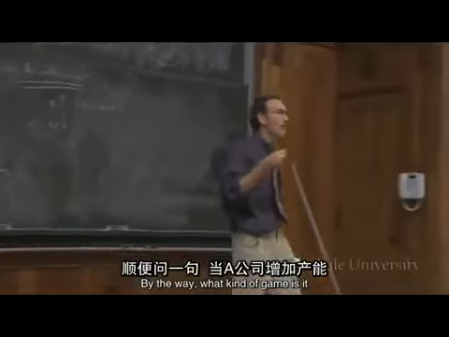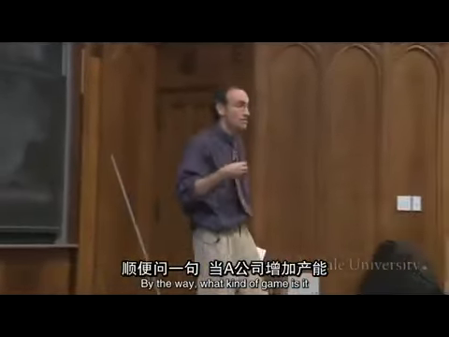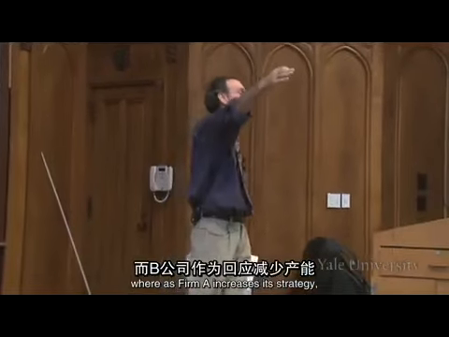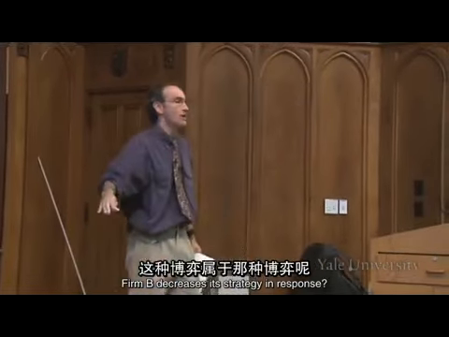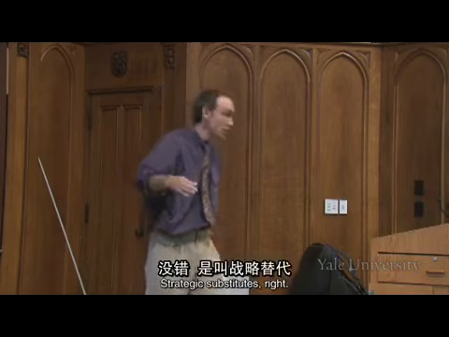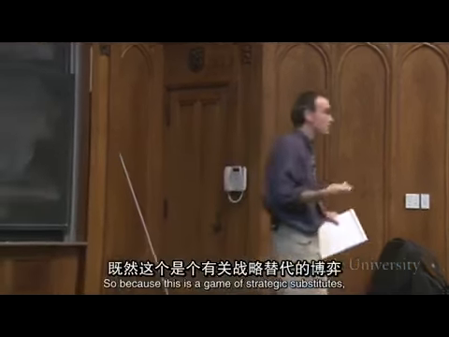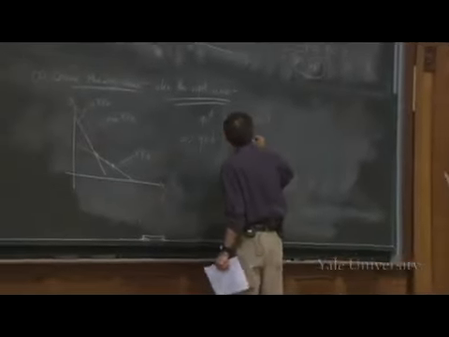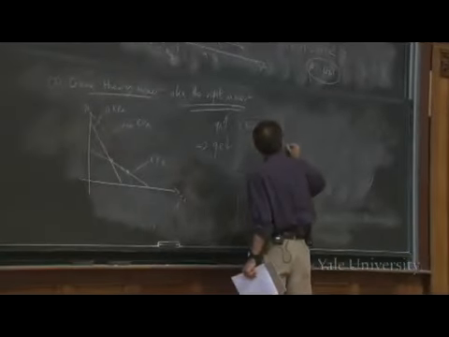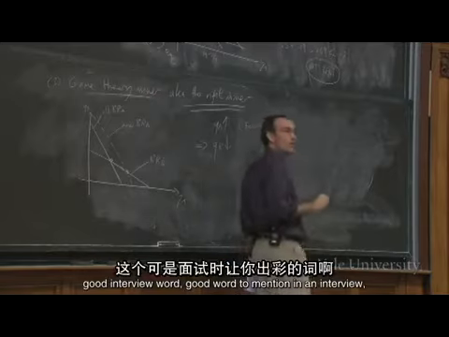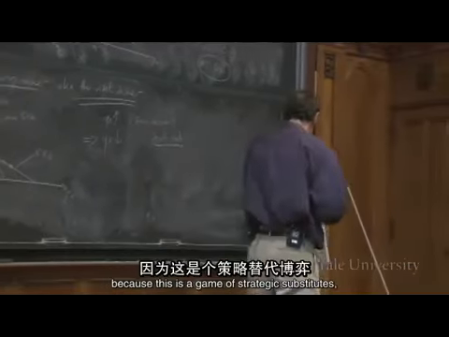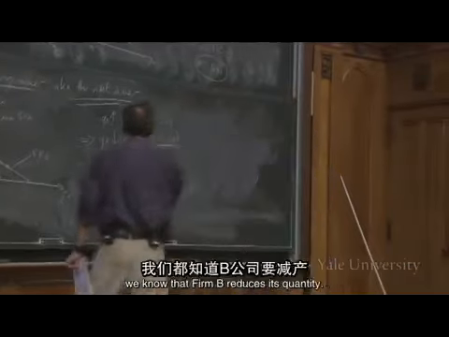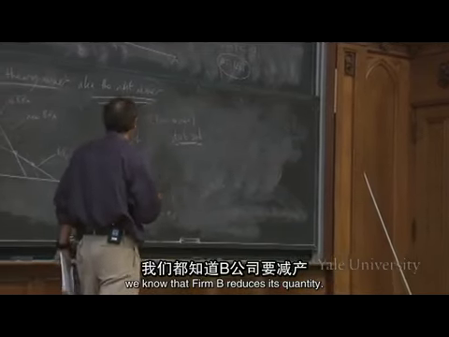By the way, what kind of game is it where as firm A increases its strategy, firm B decreases its strategy in response? Strategic substitutes, right? So because this is a game of strategic substitutes, good interview word, right? Good word to mention in an interview. Because this is a game of strategic substitutes, we know that firm B reduces its quantity.